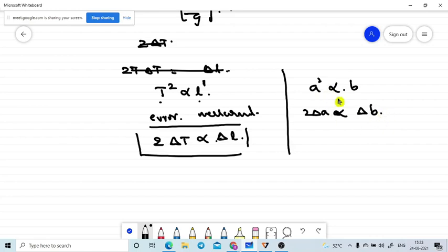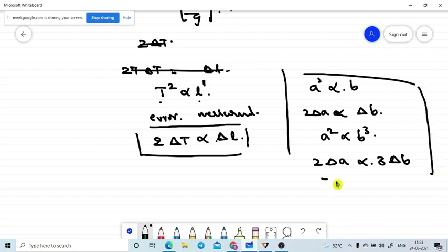Otherwise, if a squared is directly proportional to b cubed, then 2 delta a is proportional to 3 delta b. I hope you came across this in your PUC 1 semester 1; otherwise please remember this as a formula.